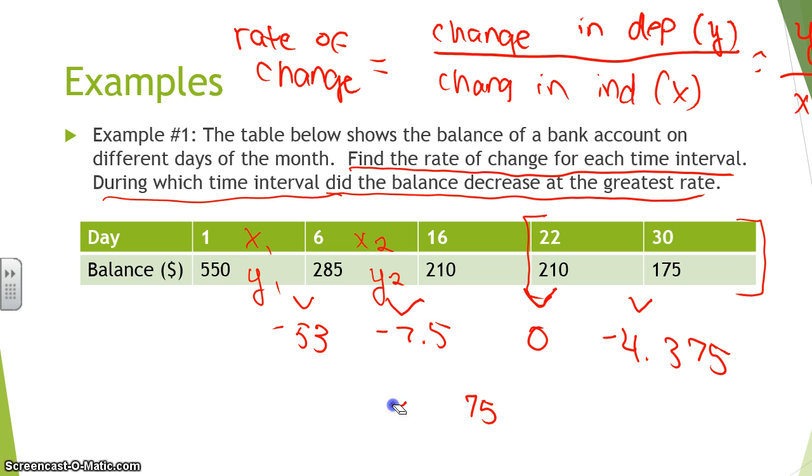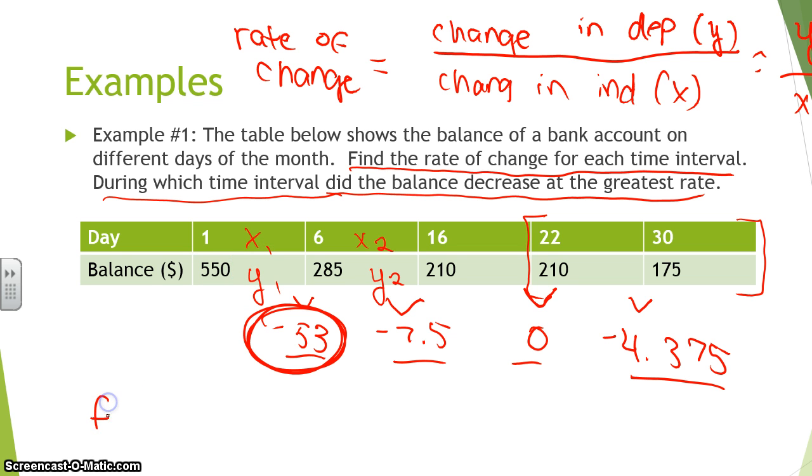All right, so now that we've found the rate of change between each interval, we now have to answer the second question, which is asking, during which time interval did the balance decrease at the greatest? So which of these values is the greatest value that it decreased at? And it's going to be this one right here, this negative 53.